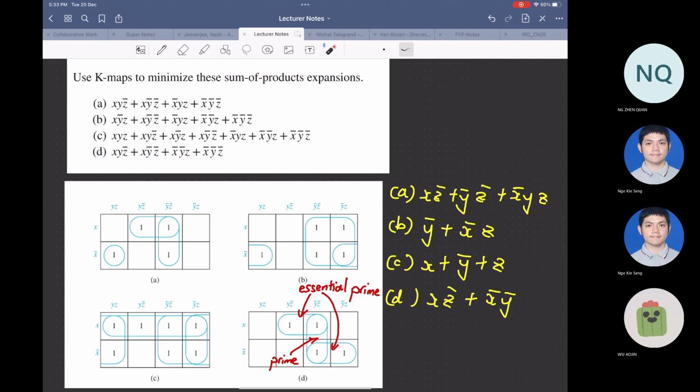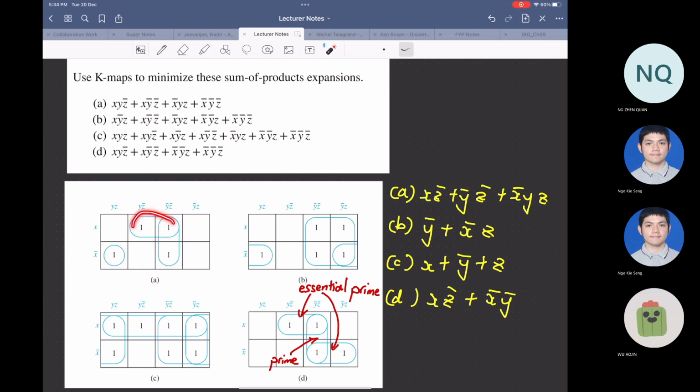Okay, let's come back to how to minimize this expression. After we get this block here and we have drawn all the possible blocks, for part A, for example, we need to include all the blocks that contain 1.